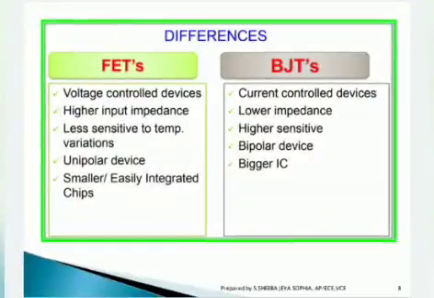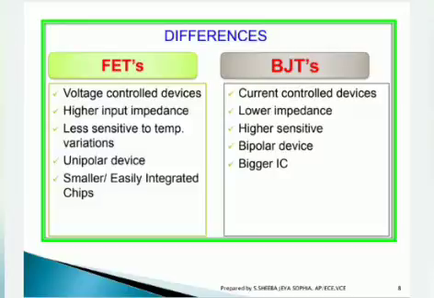And here you can see the differences between FET and BJT. FET, as I have mentioned, is a voltage control device, whereas BJT is a current control device. FET has higher input impedance, whereas BJT has lower impedance. FET is less sensitive to temperature variations, whereas BJT is more sensitive.